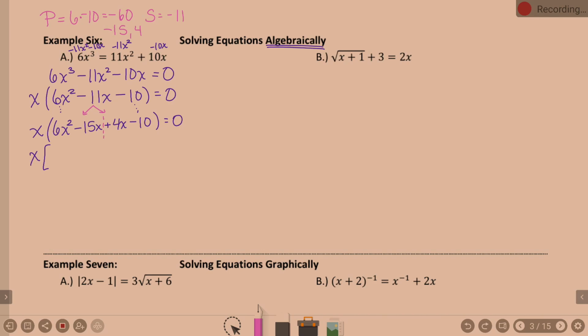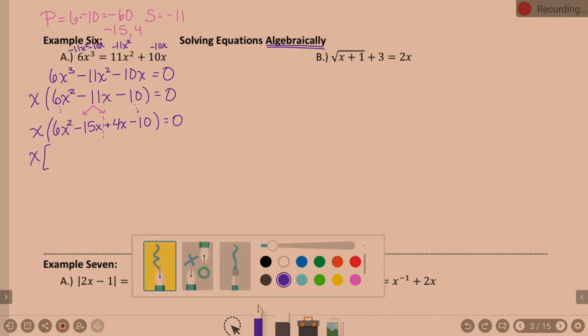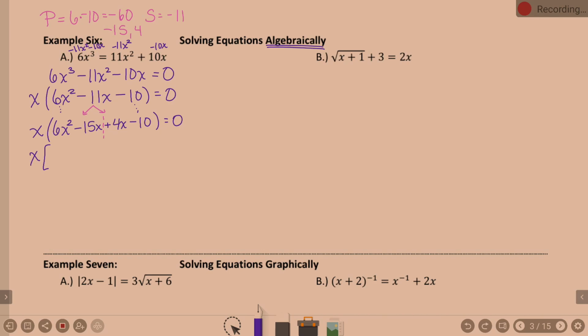Officially, if I use proper vocabulary, this is factor by grouping when you have 4 terms. So, GCF of the first 2. 3x. So 6x squared divided by 3x is 2x. Minus 15x divided by 3x is 5.